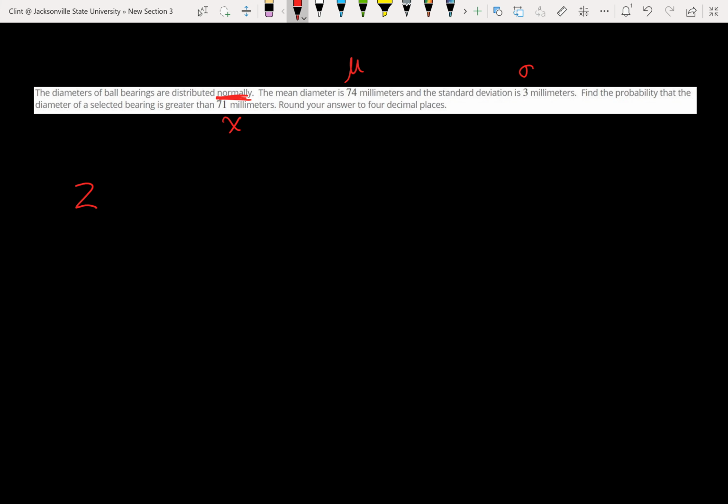So to get our z value, it's going to be x, 71, minus mu, 74, divided by sigma, which is 3. We're going to round it to 2 decimal places. So 71 minus 74 equals negative 3, divided by 3. So we get negative 1, and since we're going 2 decimal places, we'll call it negative 1.00.